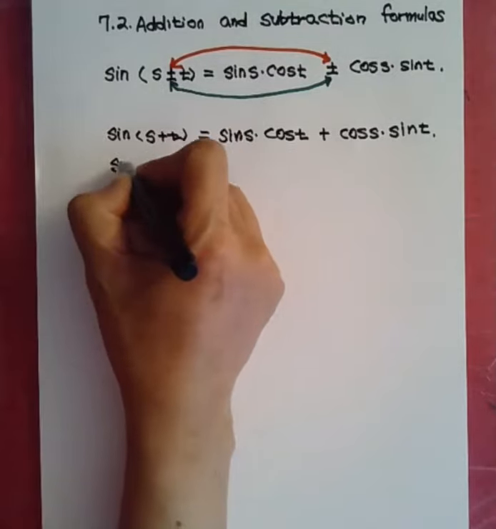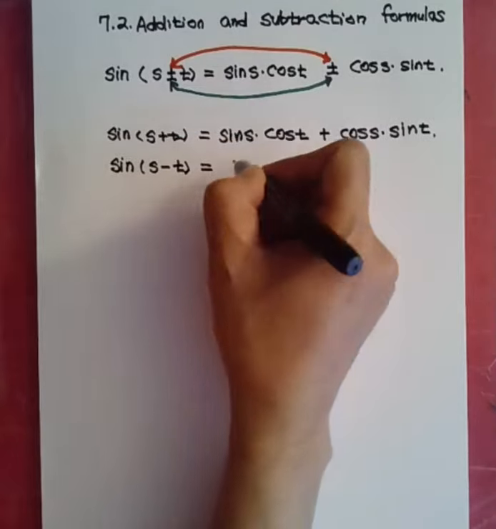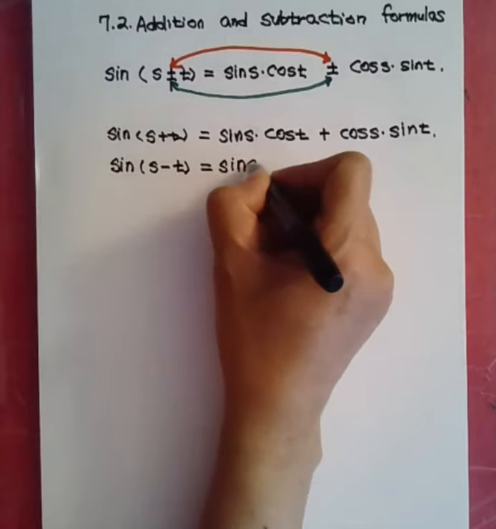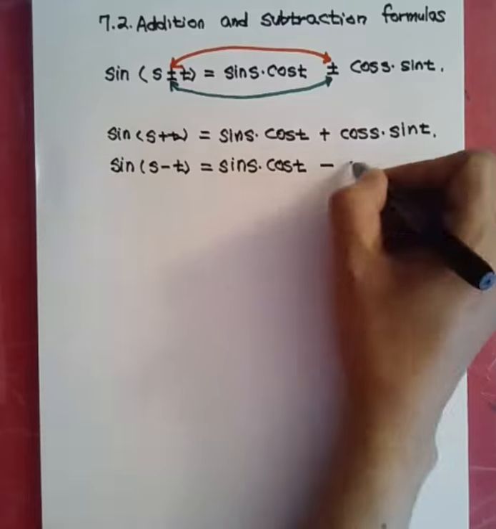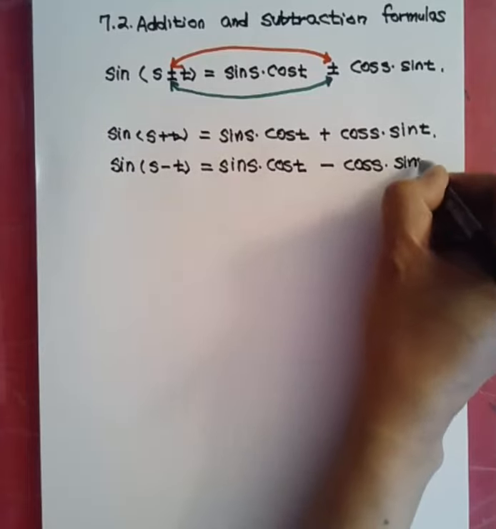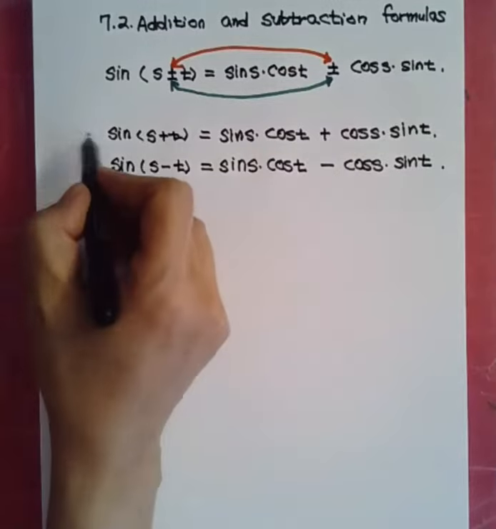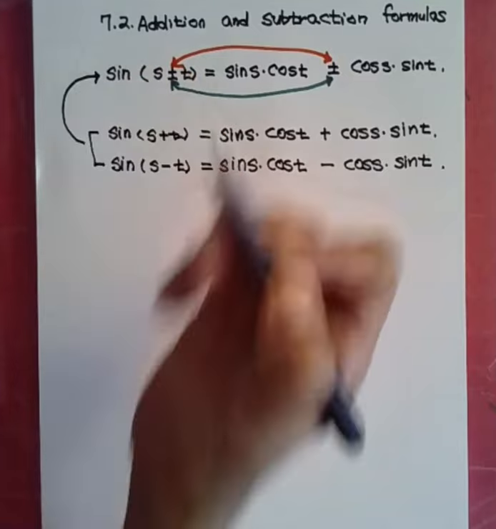So sine of s minus t equals sine of s times cosine of t minus cosine of s times sine of t. So these two formulas are condensed in this one formula.